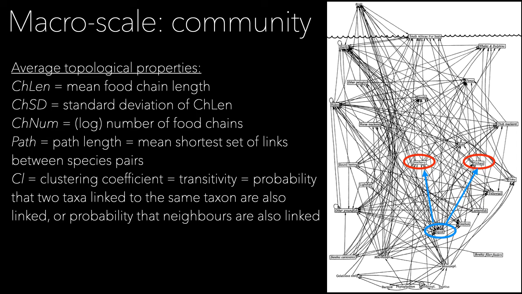The higher the clustering coefficient, that is, the higher the probability that two species not directly linked are linked through a third one, the higher the possibility of having cascading effects, and this is going to impact as well the robustness of the food web.